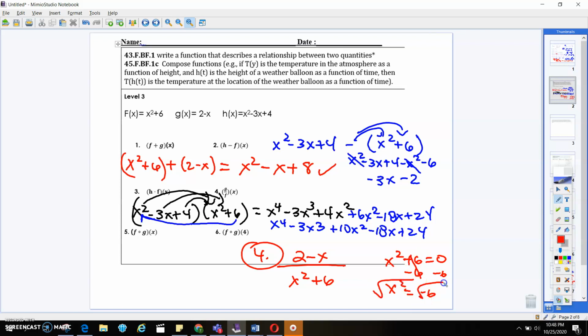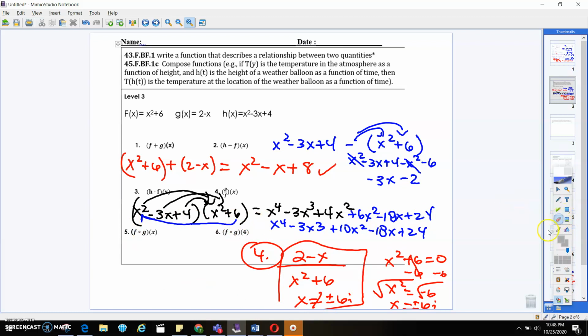If we take the square root of both sides, remember, in that first unit, we learned that if we have a negative underneath the radical, that's going to give us an imaginary number. So we're going to put 2 minus x divided by x squared plus 6, and we're going to say where x cannot equal positive and negative square root of 6 i.